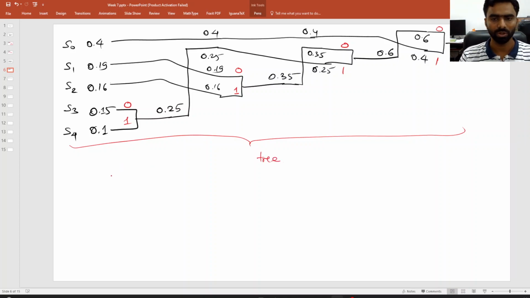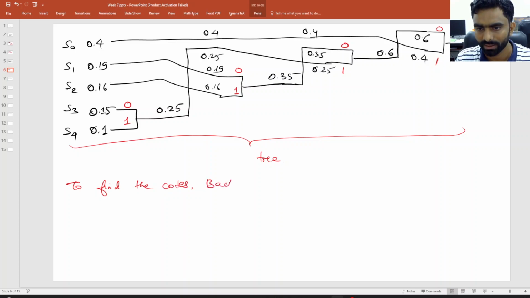Now I'm writing this step so it will be clear. To find the codes, backtrack along the tree to find each symbol.